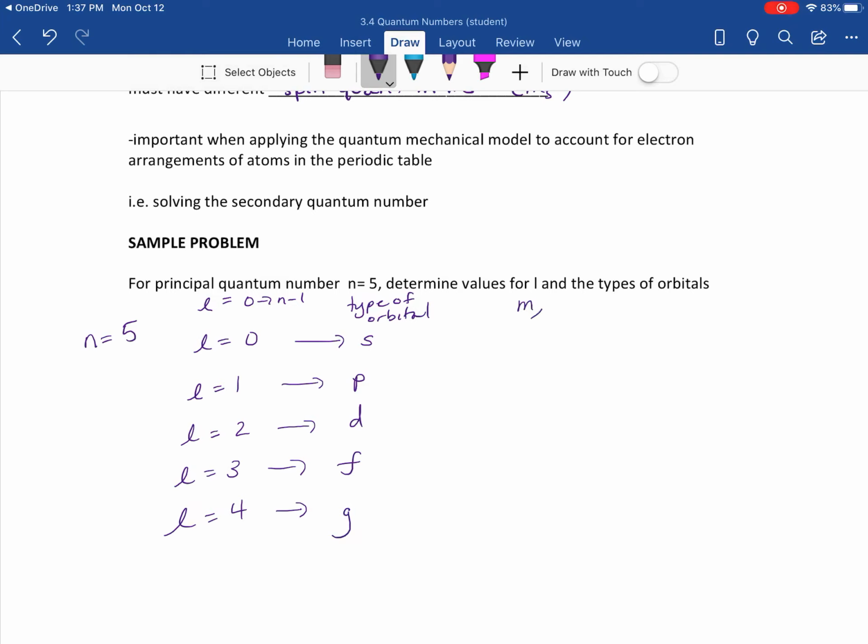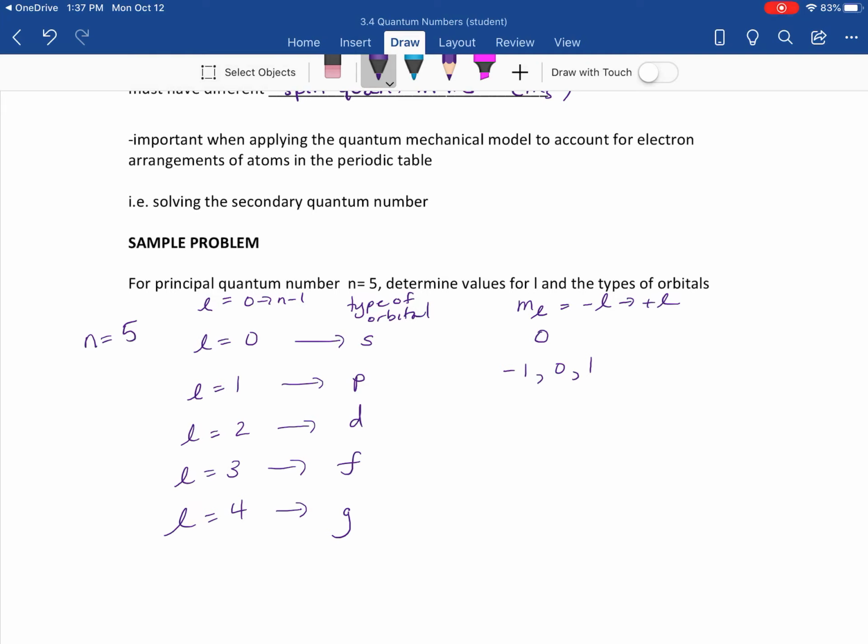Next, my m_l gives me values of negative L to positive L, right? So in this case, my m_l is going to be 0 because L is 0. But when I talk about P, I've got negative 1, 0, and 1.